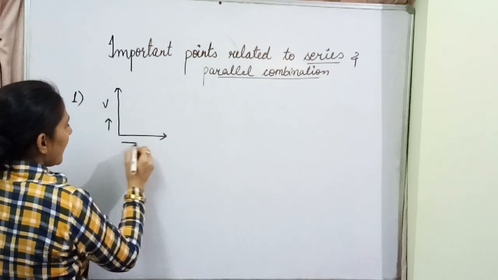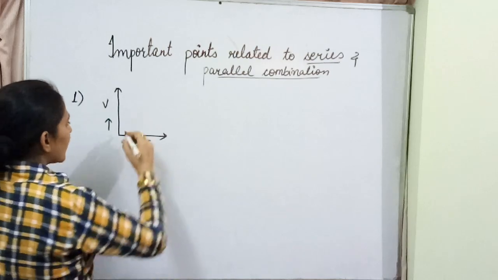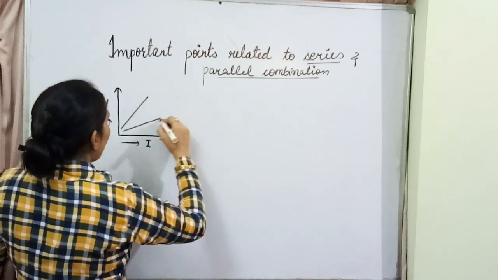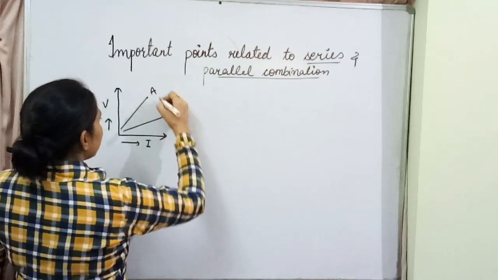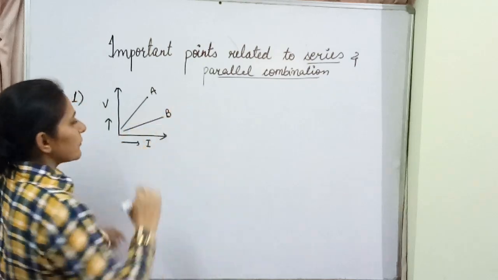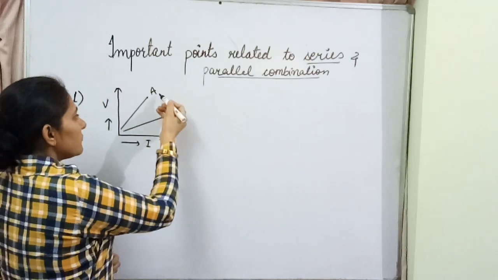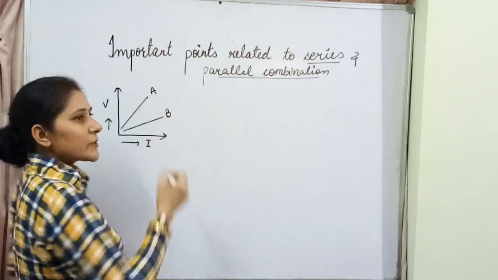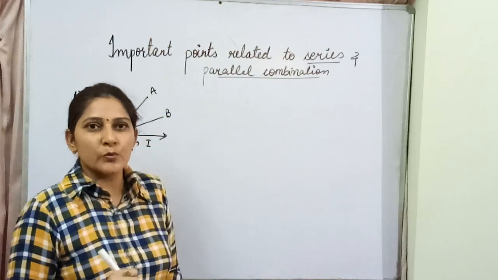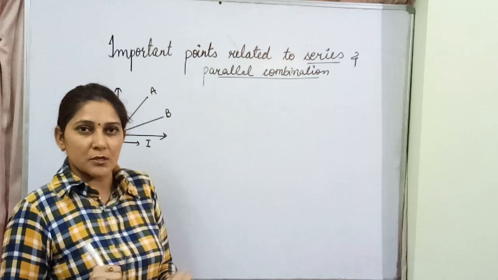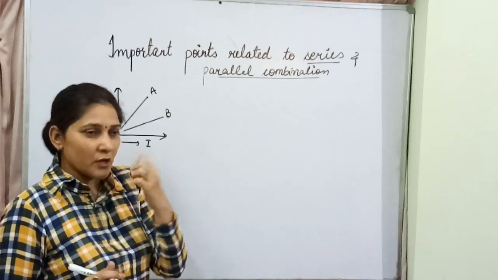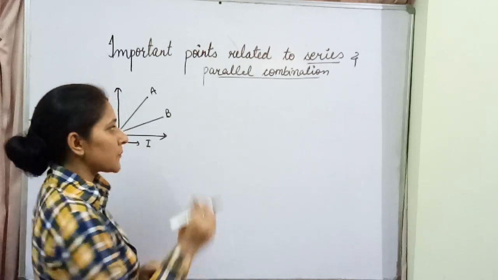This is V and this is I. Here they have given you two lines, which they are representing with A and B. The examiner can ask: out of A and B, which is representing series combination and which one is representing parallel combination? Then how do we find that out? Okay, first point we are going to discuss is this.